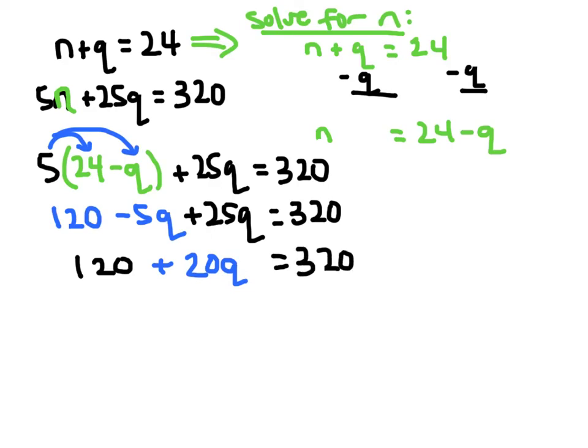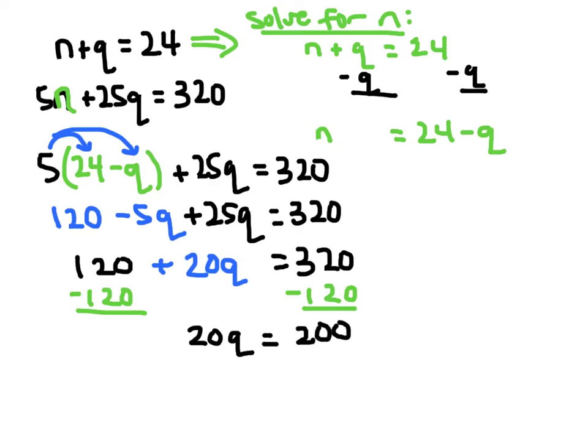So to solve, we want to subtract 120 on both sides. So that will leave us with 20q equals 200. And in order to solve for q, we will divide both sides by 20.